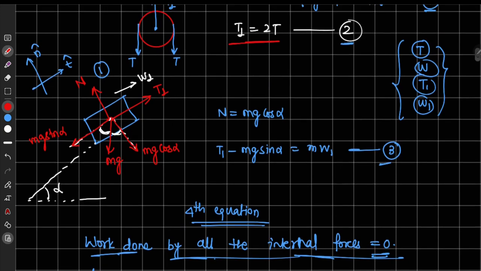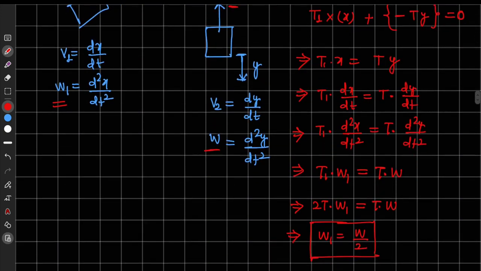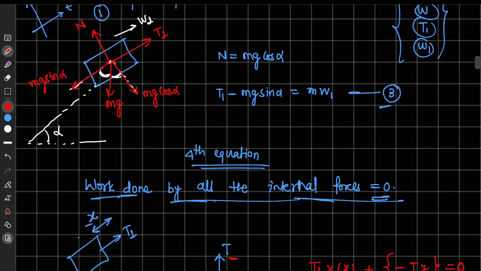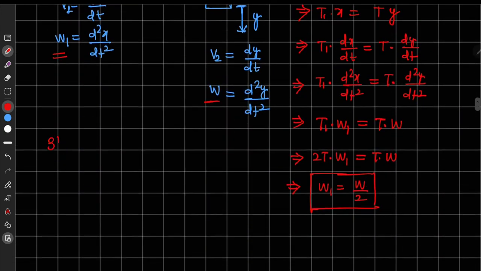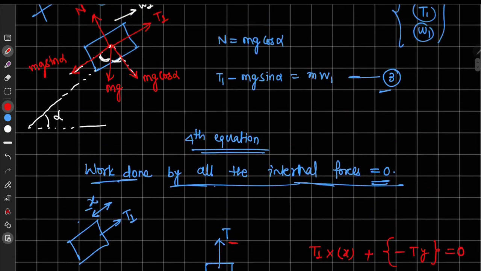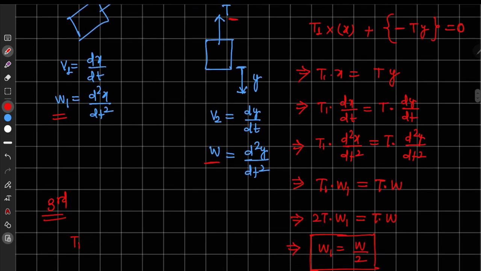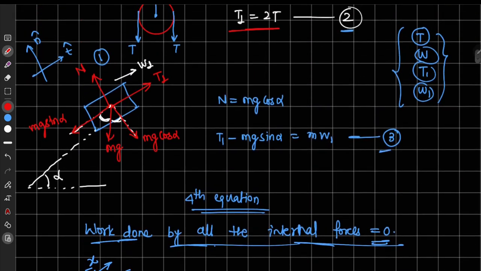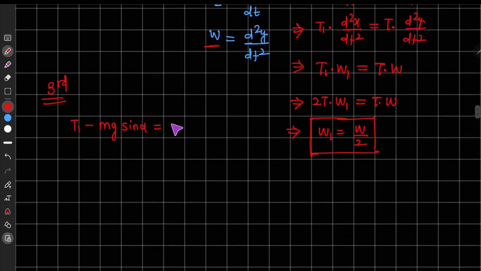Okay. Now let us substitute the value of w1 in the third expression. So we can get the third expression as T1 minus mg times sine alpha is equal to mass into w1. So we will get mass into w1 is w by 2, and we know that T1 is equal to 2T, so we will get 2T minus mg times sine alpha is equal to mw by 2.